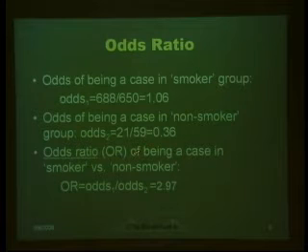The odds ratio of being a case in the smoker group versus the non-smoker group is just the ratio of the two odds, which we usually call the odds ratio. It's about 3. What it means is that in the smoker group, the odds of getting the case is about 3 times the odds of getting the case in the non-smoking group.